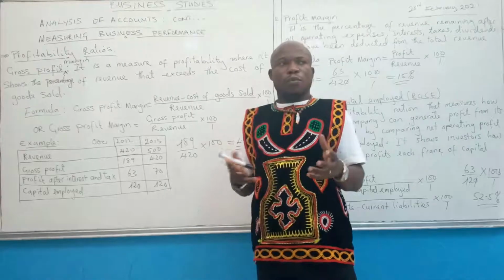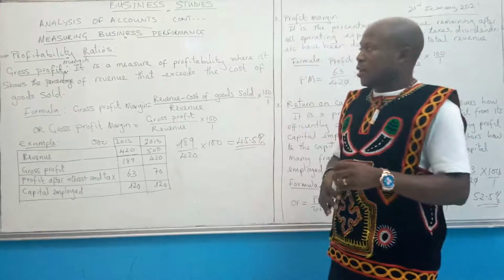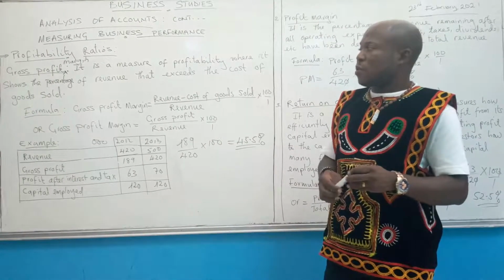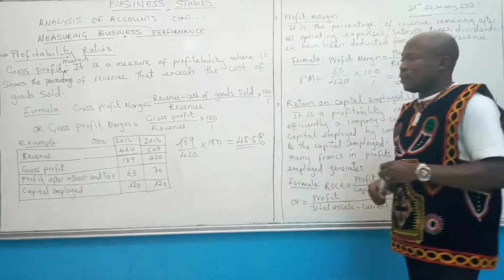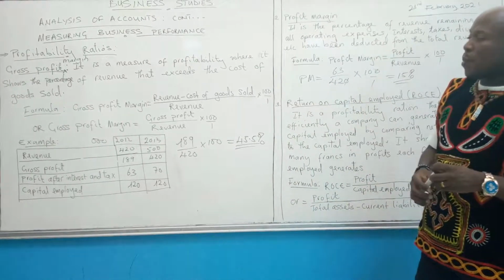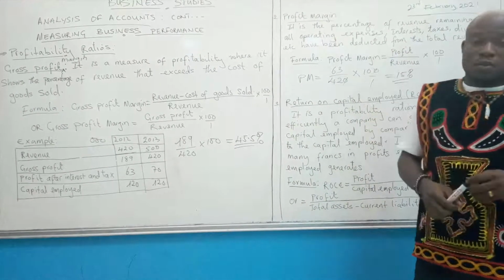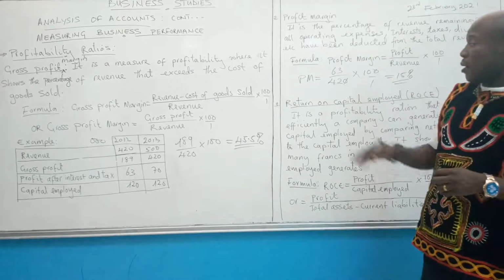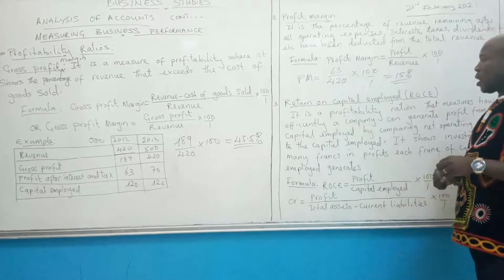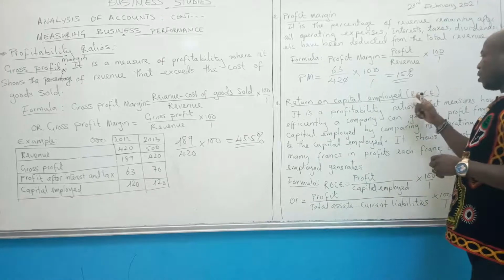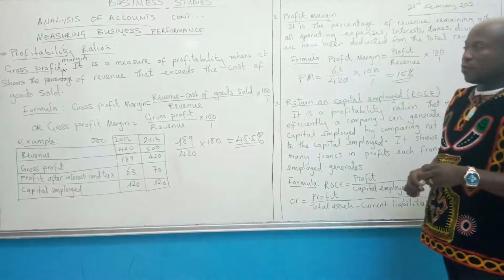And we just mentioned them in passing. We talked about gross profit margin, and we also talked about the profit margin or net profit margin and return on capital employed, ROCE in short.